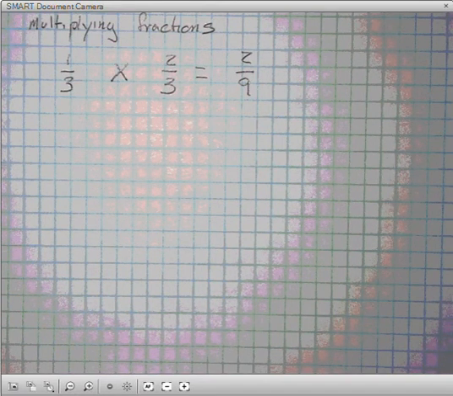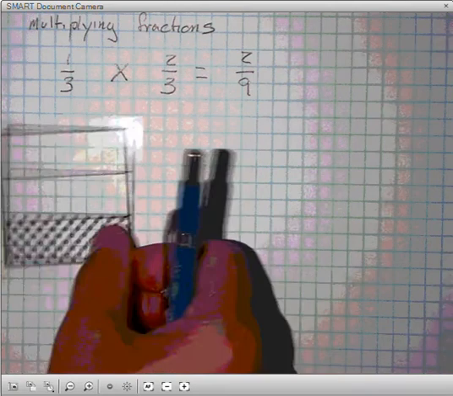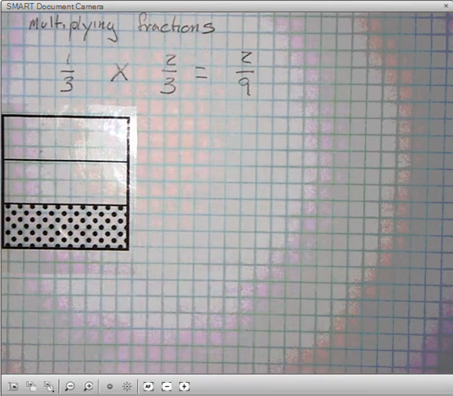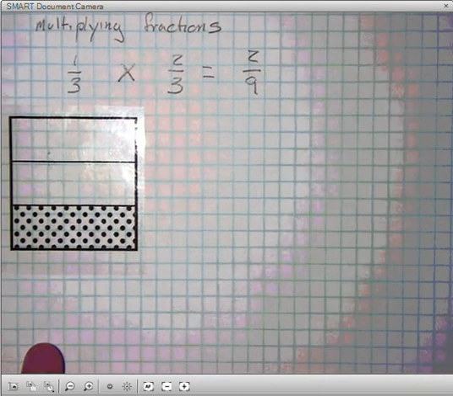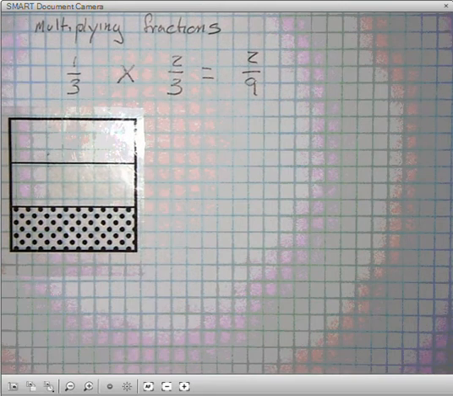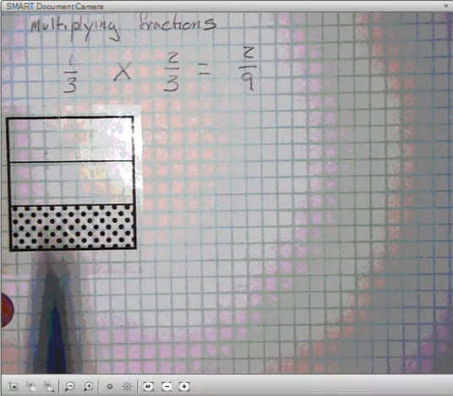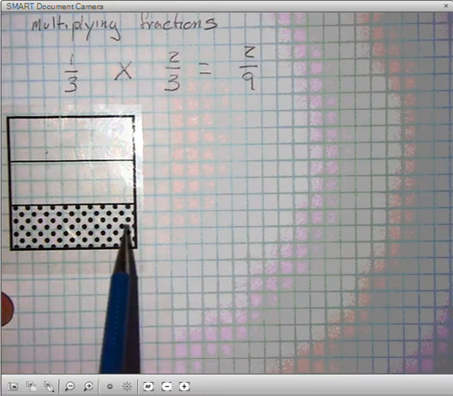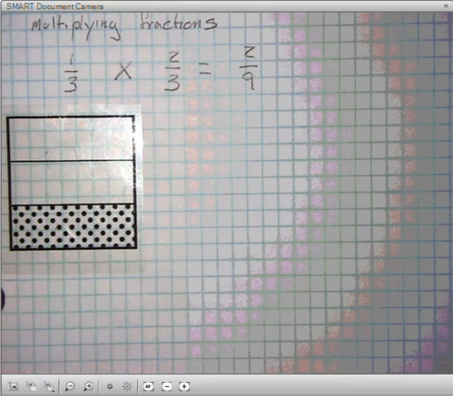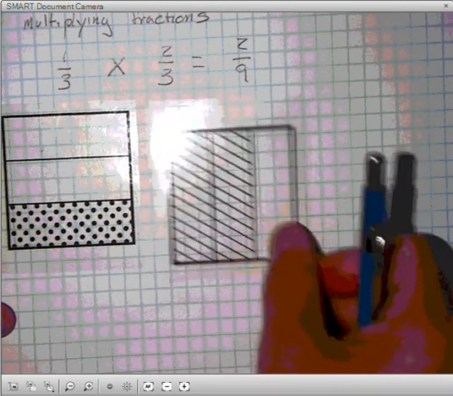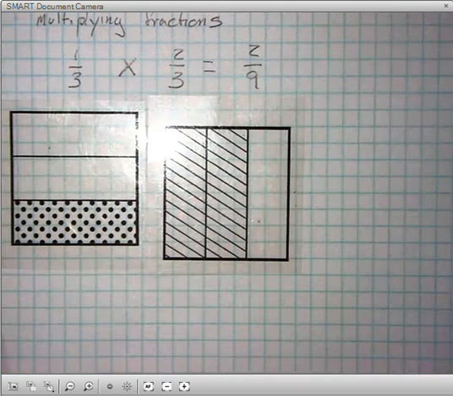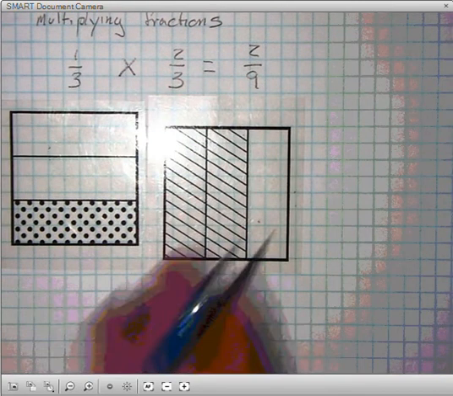The first thing I'm going to do is represent 1/3. That square represents 1/3. 1/3 of that square is shaded using polka dots. The next one, I use 2/3. So my second one is represented by 2/3.